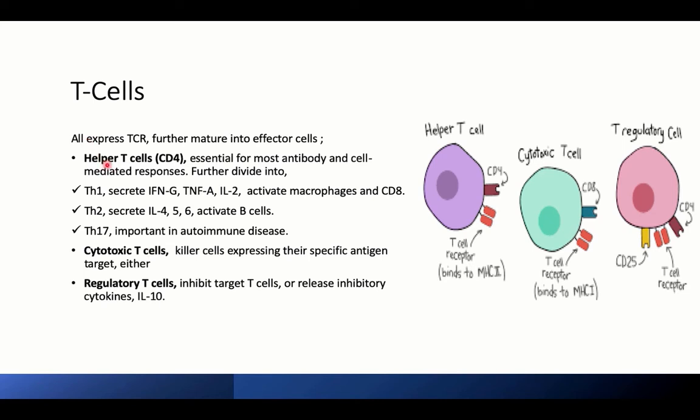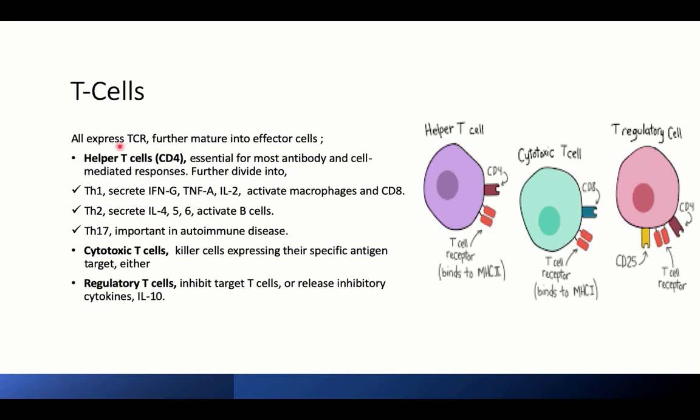So effector T cells after maturation include the T helper cells, and these are essential for most antibody and cell mediated responses. T helper cells divide into T helper 1, T helper 2, and T helper 17. They have different functions, either activation of the B cells, or having a role in autoimmune disease, or activation of the macrophages and CD8.